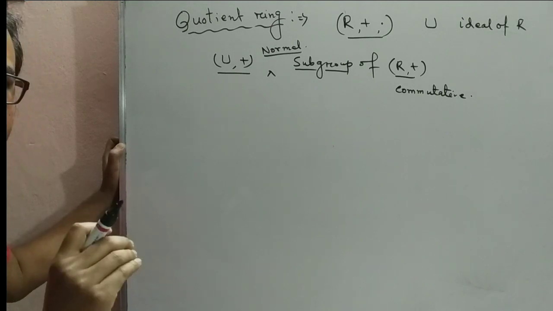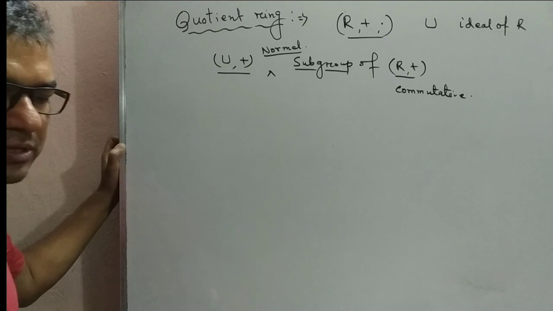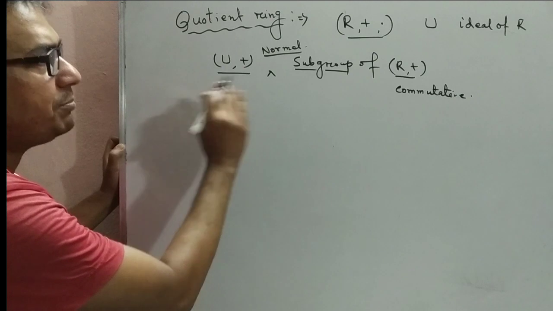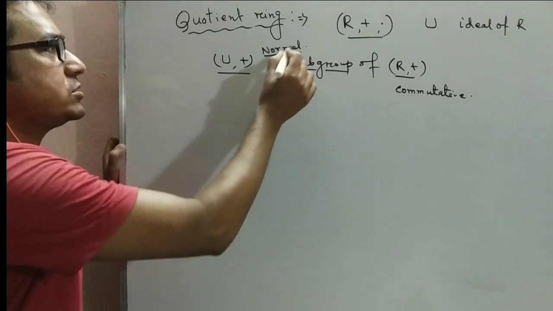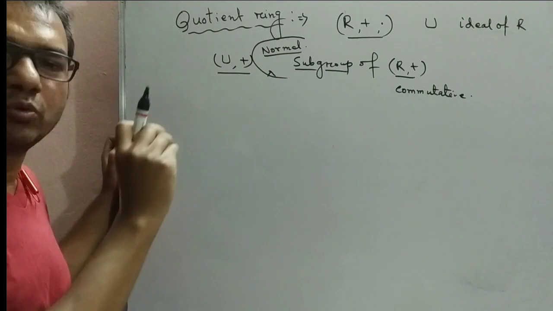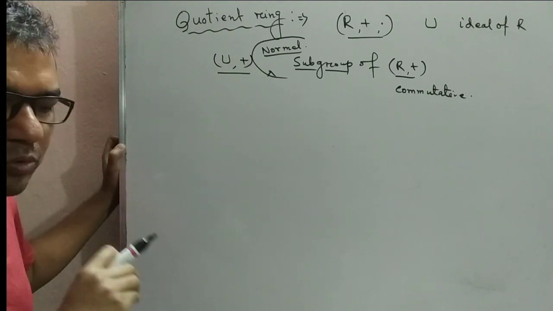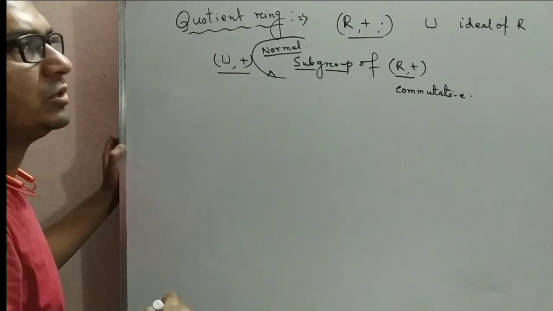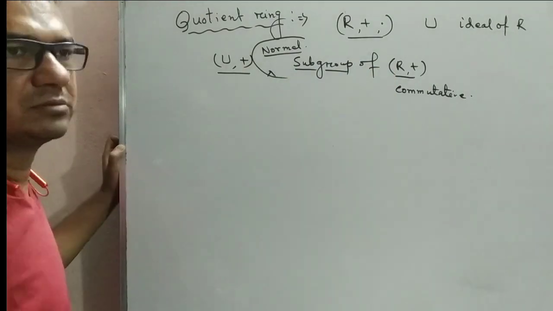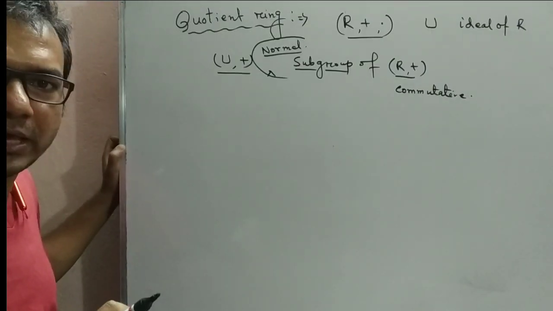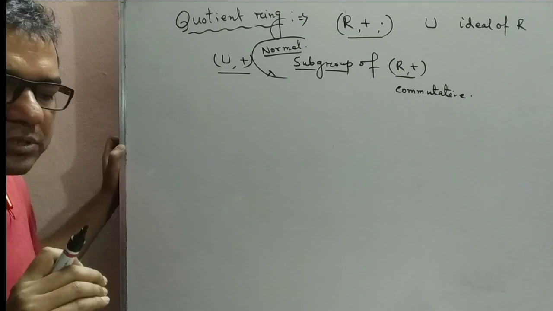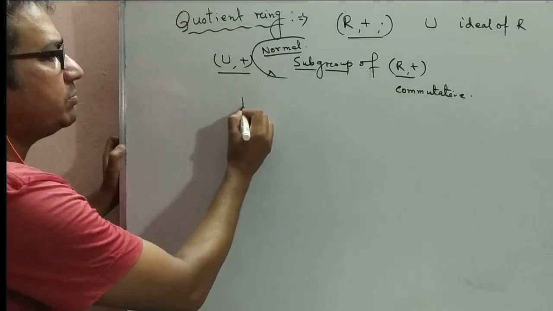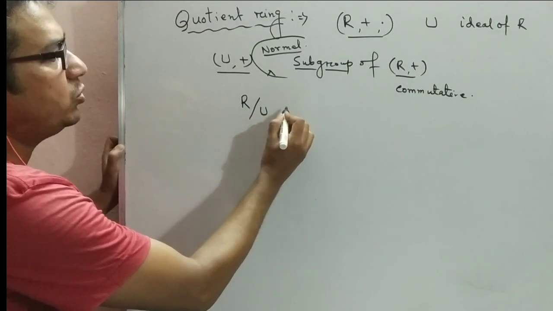So we say that all the left quotient or right quotient, because it is a normal subgroup, so all the quotient of R forms an additive group, and this is denoted by R by U, plus.